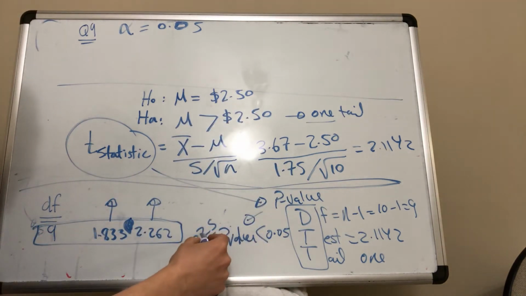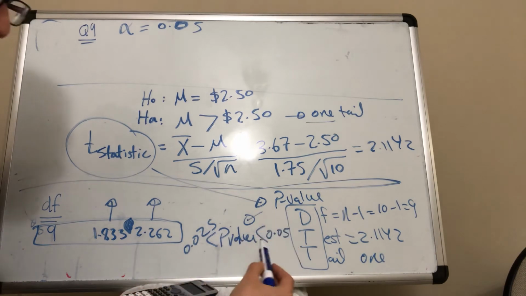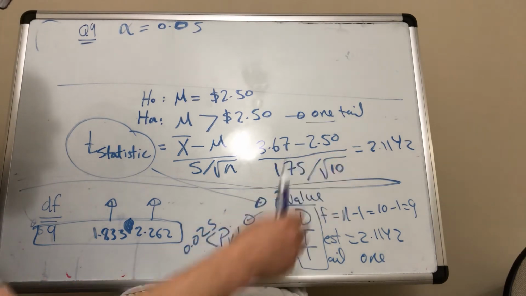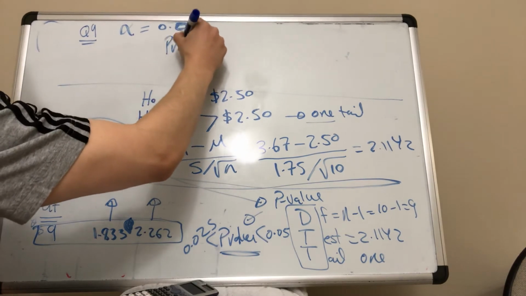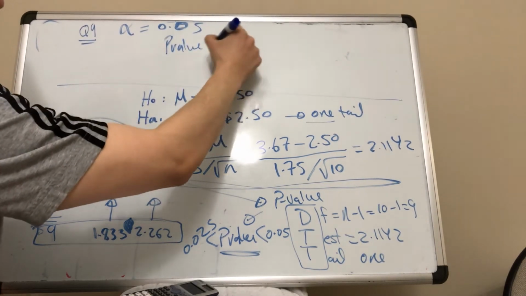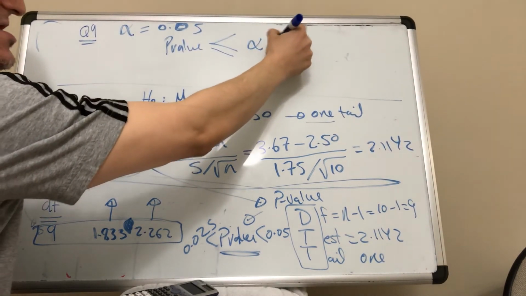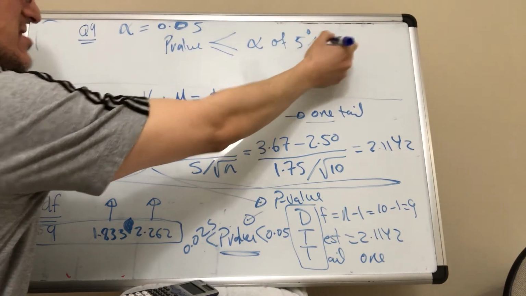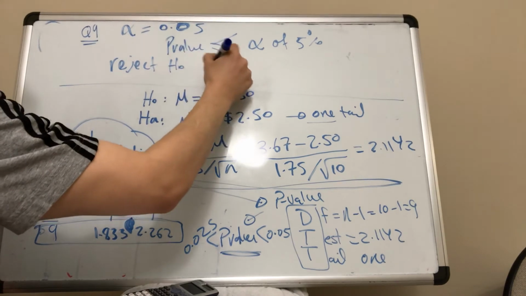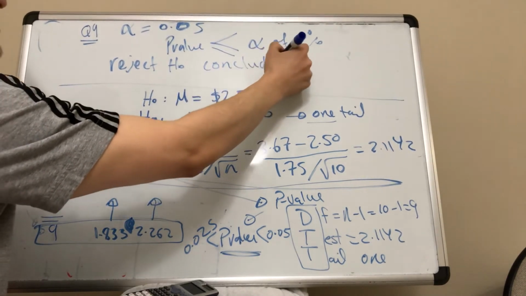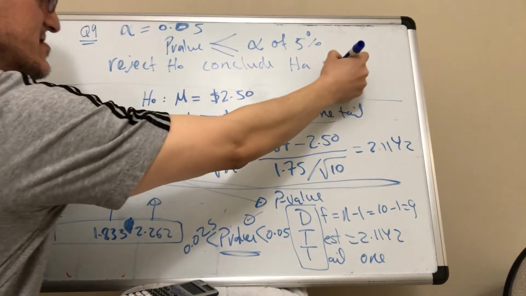Your p-value is somewhere between 2.5 and 5%. Say the p-value is 3%. Is 3 less than 5? Definitely. So your p-value is less than or equal to alpha of 5%. Then you say reject H0, conclude HA. We have significant results.